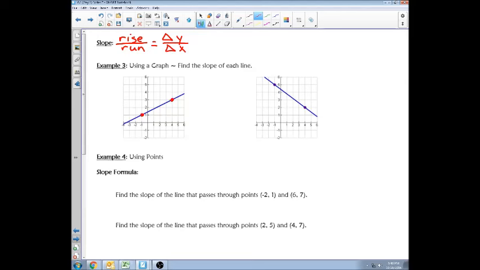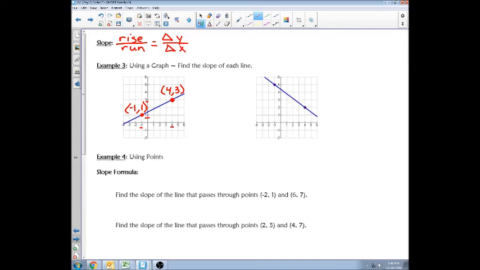But what I would like to do real quick is to make my coordinate. So my x would be negative 1, my y would be positive 1. So now I know that that point is negative 1, 1. This next point over here, my x would be 4, my y would be 3, so this point is 4, 3.